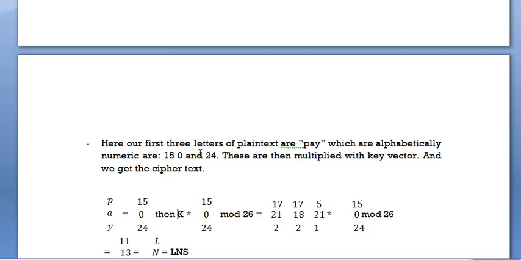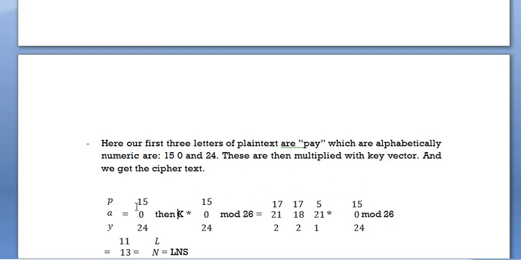We have seen this from the table where we assign values to A to Z: A is equal to 0, B is equal to 1, similarly up to Z. So now we need to put these values in the formula.